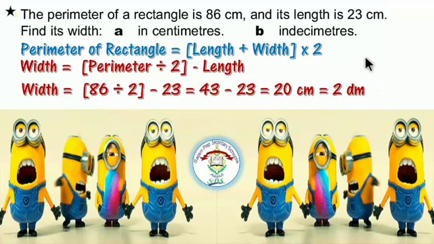Please pay attention with me. Don't forget, these two numbers must be in the same units. Okay? Centimeter, centimeter. Then we can find the requirement. Please take care. The two numbers in the same unit.